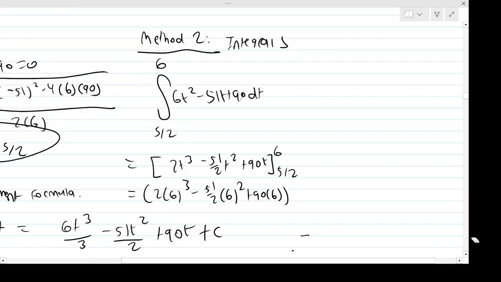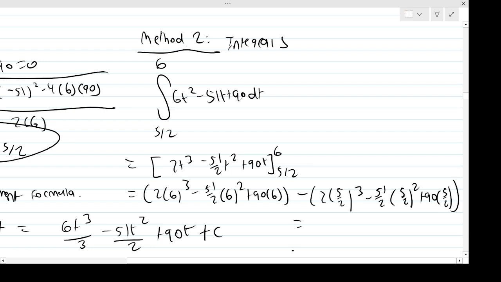There we are. So then we're going to take that away from the upper limit at 5 over 2. So 2 lots of 5 over 2 all cubed minus 51 over 2 lots of 5 over 2 squared plus 90 lots of 5 over 2.